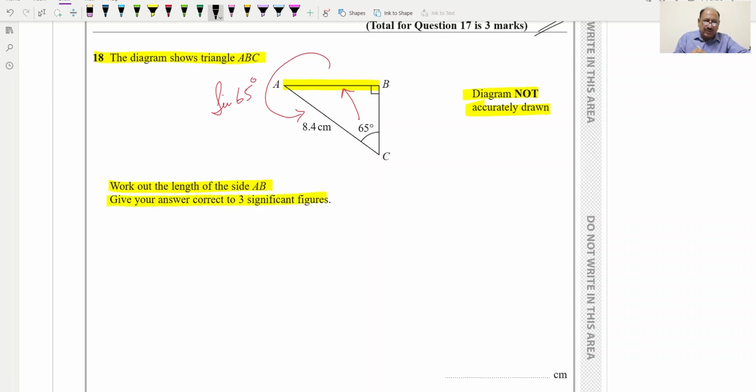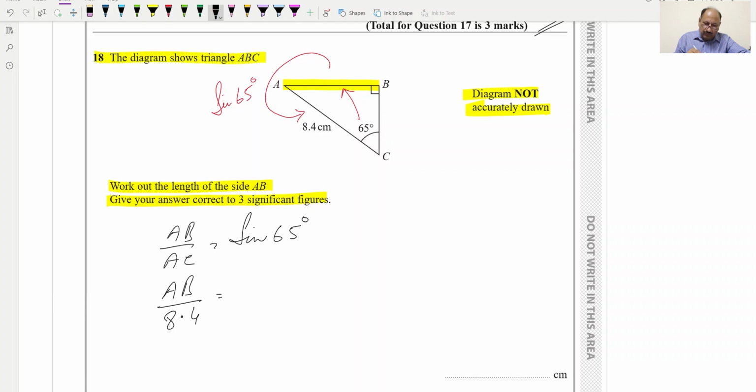So we can write AB over AC is equal to sine of 65 degrees, and AC is 8.4.